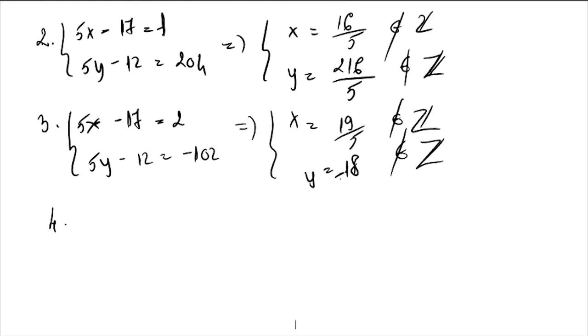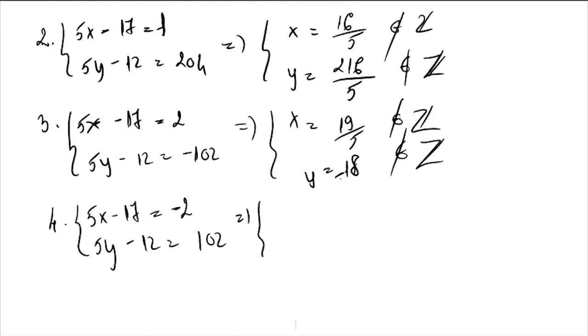And the last case, 5x − 17 equals −2 and 5y − 12 equals 102. It results that x equals 3 and y in this case equals 114/5.